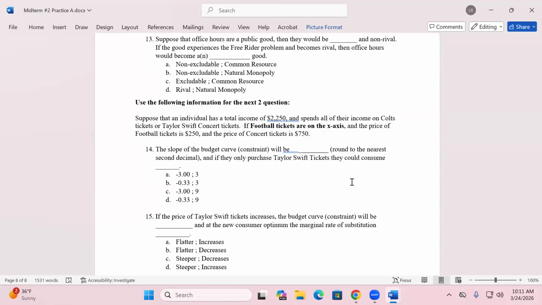If I find the quantities, how would I calculate my slope? Well, how do I calculate slope? It's just the change in Y, which is quantity of Taylor Swift tickets, over the change in X. So here I would be going from 3 to 0, 0 to 9. I get negative 1/3.